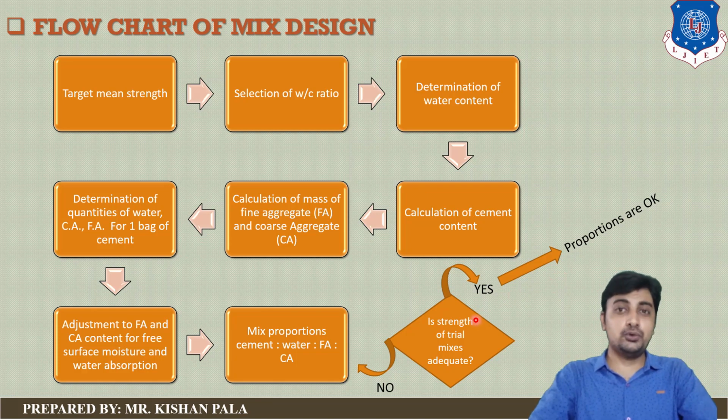Otherwise, you have to do other trials for finalizing the proportions of the mix design and to achieve the desired strength of the hardened concrete. This is the trial based method. So, this is all about the steps for Indian Standard mix design, or calculation of the IS method. Thank you.